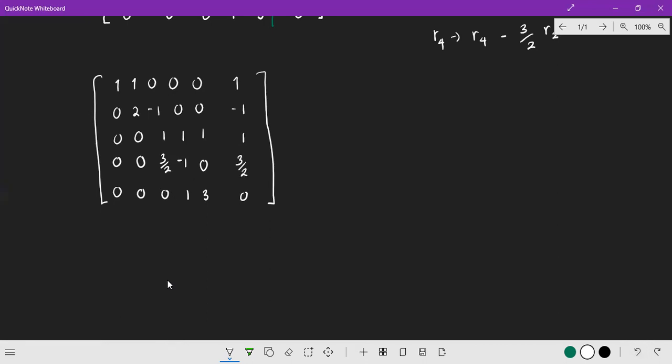So we can write the row operation. So row 4, we're trying to change row 4. Row 4 becomes row 4 minus 3 over 2 row 3. So using row 3, we change row 4. After doing that operation, what are we going to get?